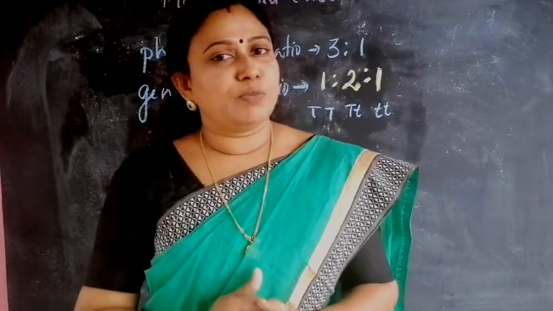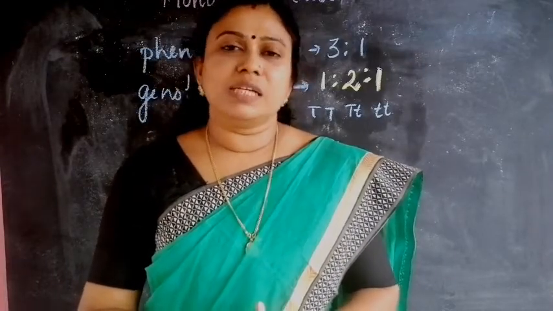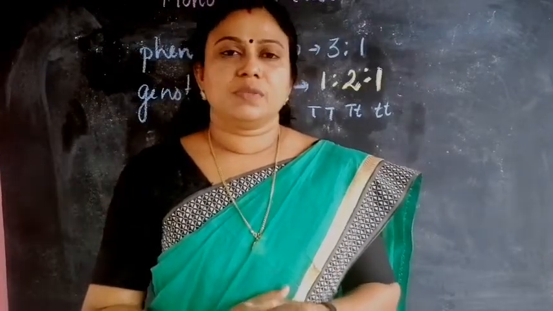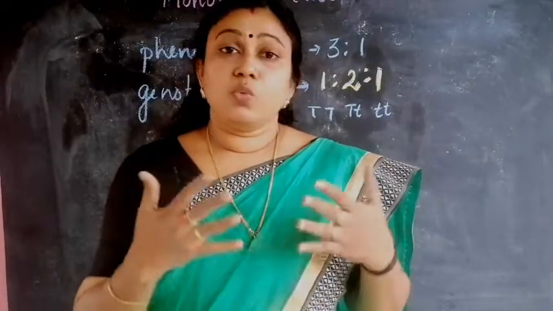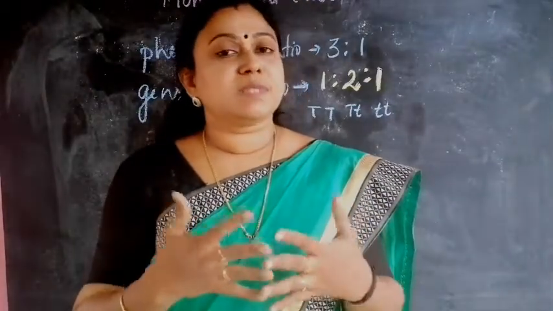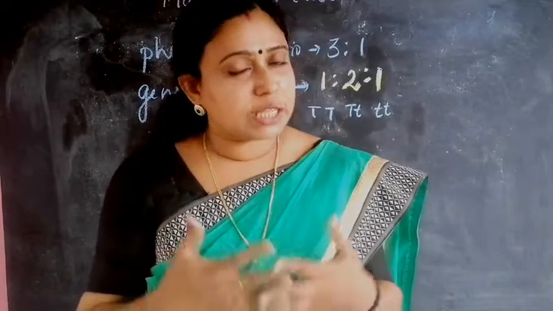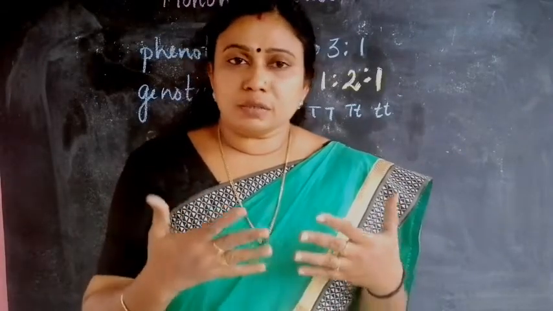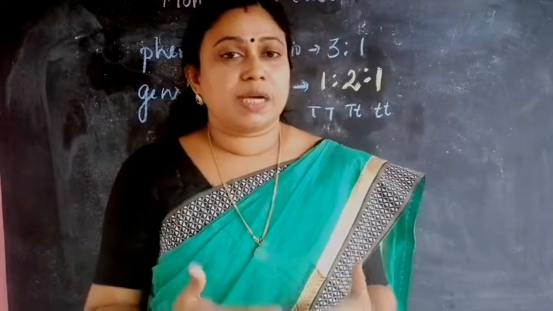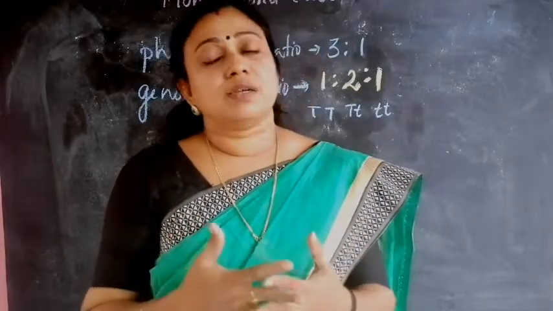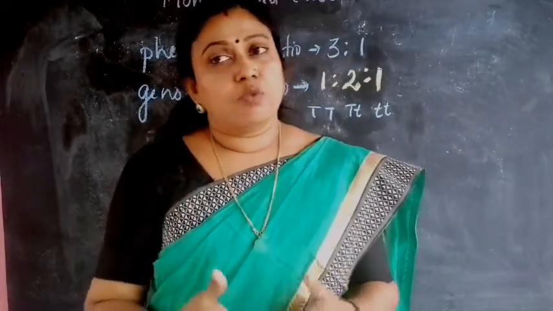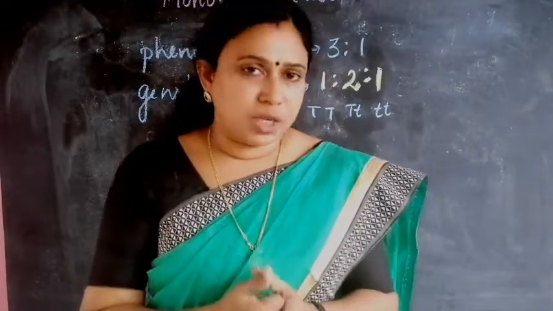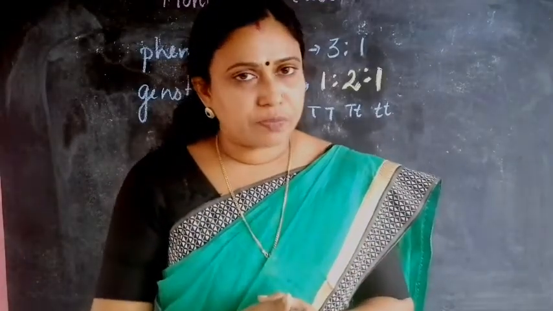So children, I hope you all understood the contents that we have discussed today. What all have we discussed? We have discussed why Mendel selected Pisum sativum for his crossbreedings or experiments, which contrasting characters were considered by Mendel, and what steps were followed by Mendel for doing his experiments.